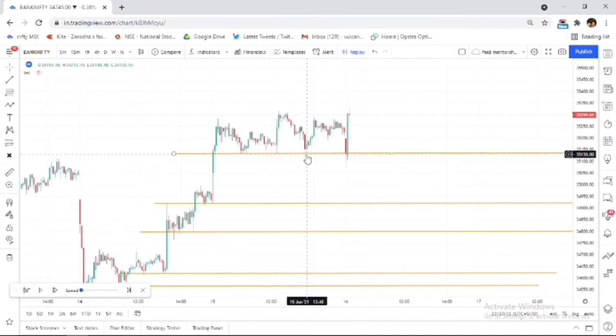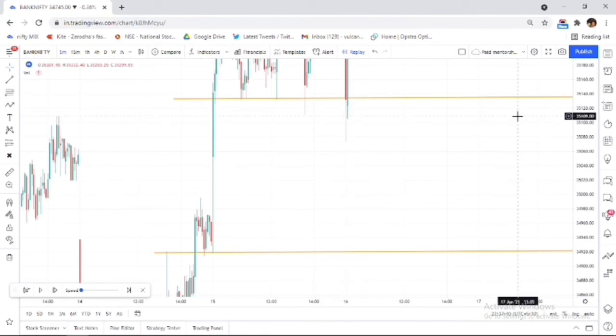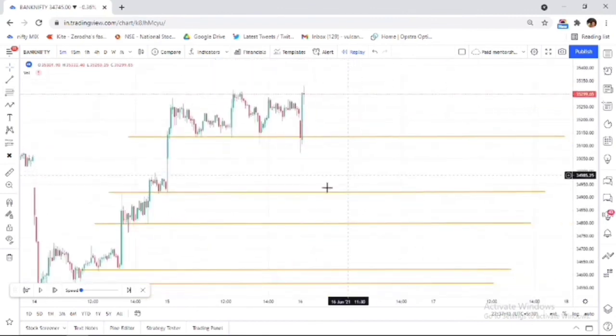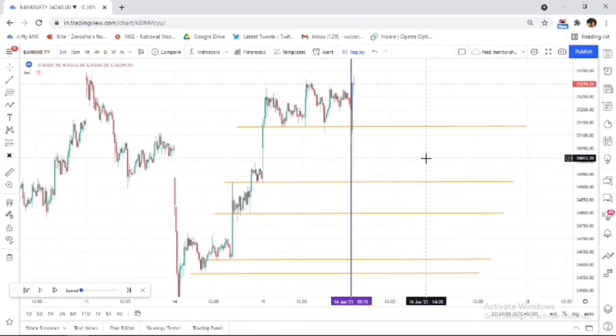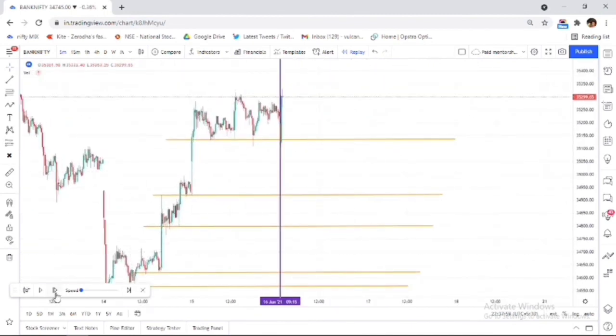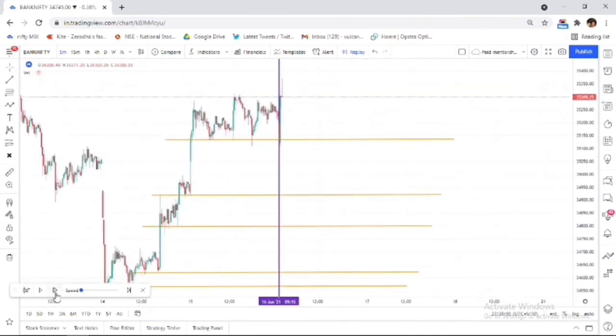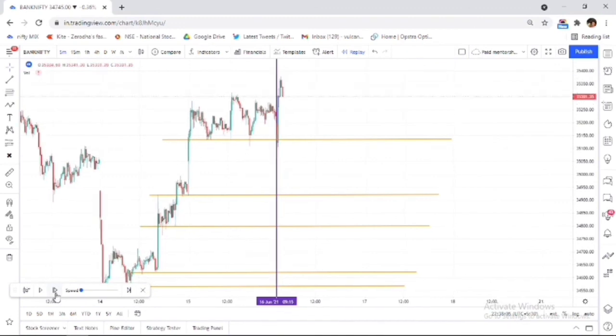The market broke the higher low but did not give a closing, but after some time it gave a closing. This closing is very important because after it, this was my day zero line, and now watch how the market clears these stops after the day zero line or break of structure happens.